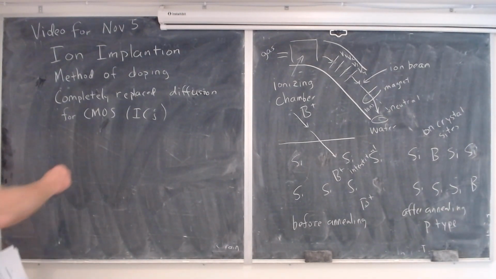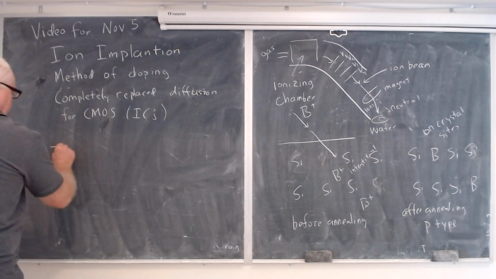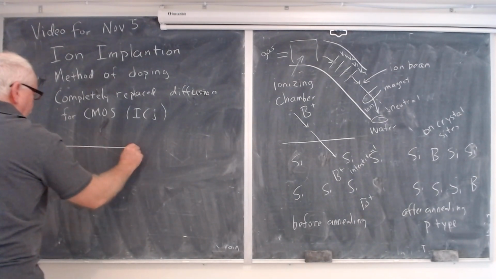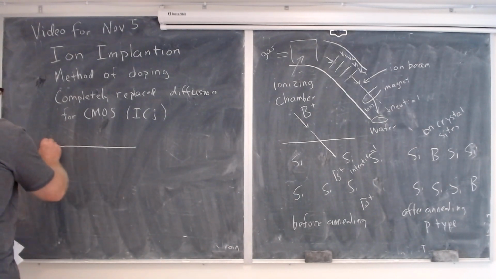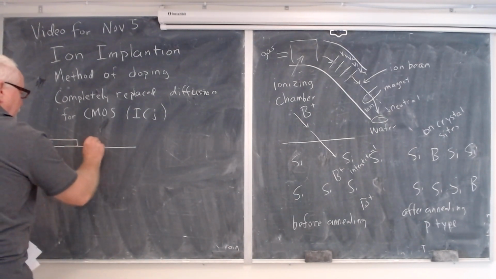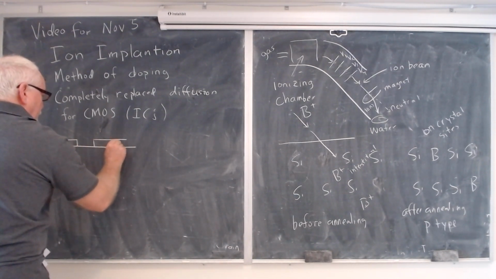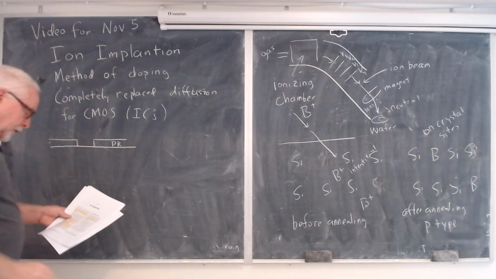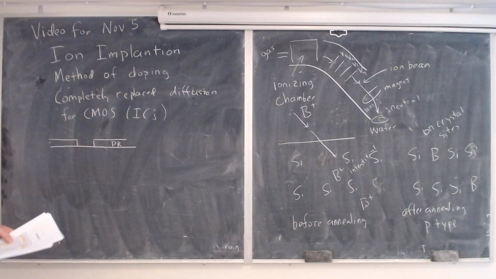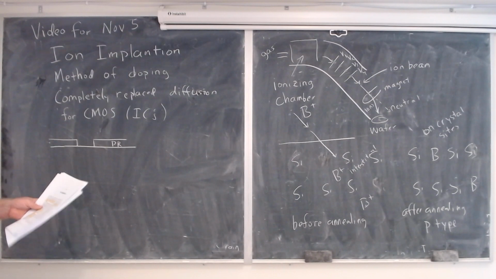Let me just draw it. The main reason is, first of all, you can use photoresist as a mask. This is in the notes, basically on the first page on ion implantation.